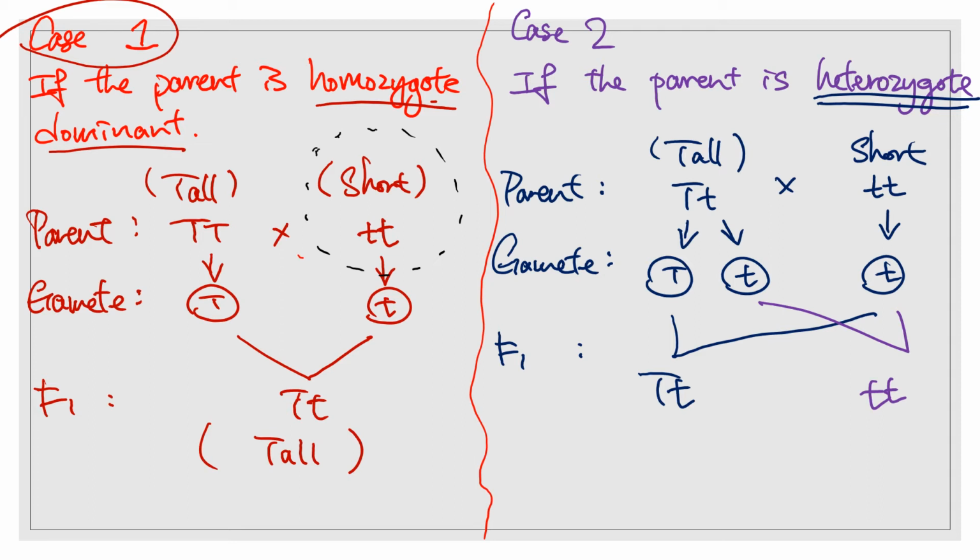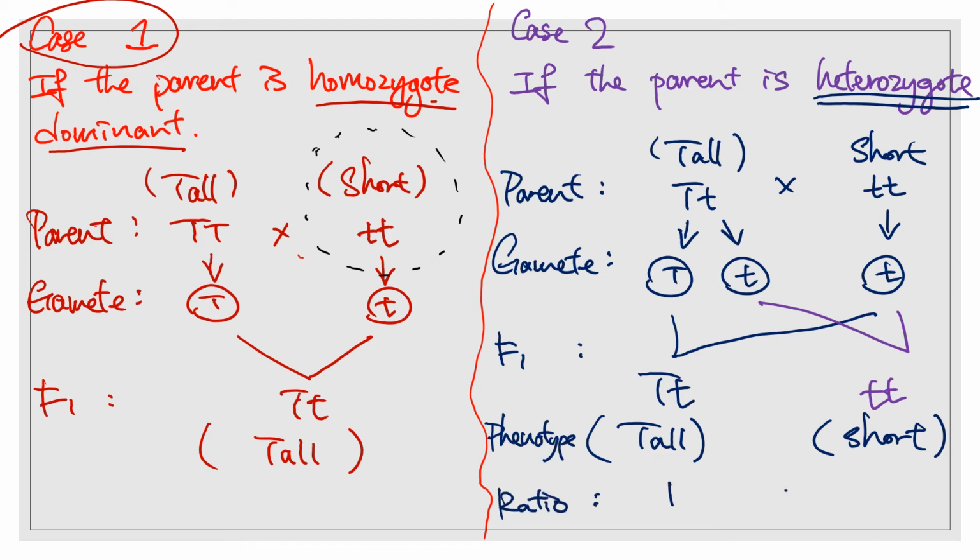And so therefore, for the phenotype, the character, for the big T, small t, it should be a tall plant. And for the small t, small t, it should have the phenotype of short plant. And the ratio is 1 to 1, tall to short.